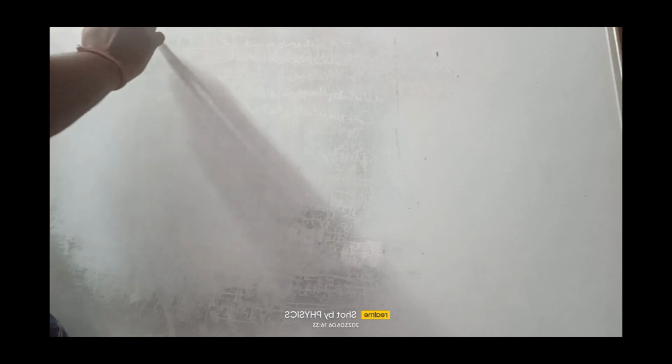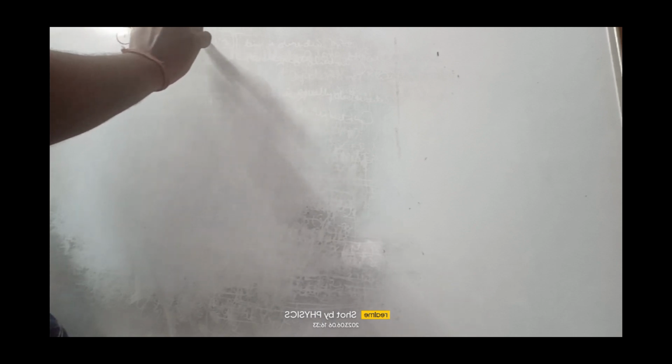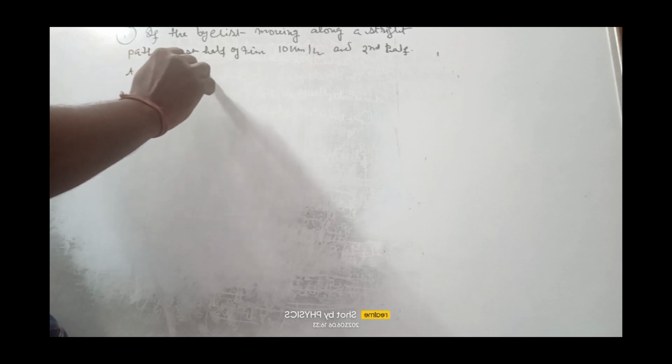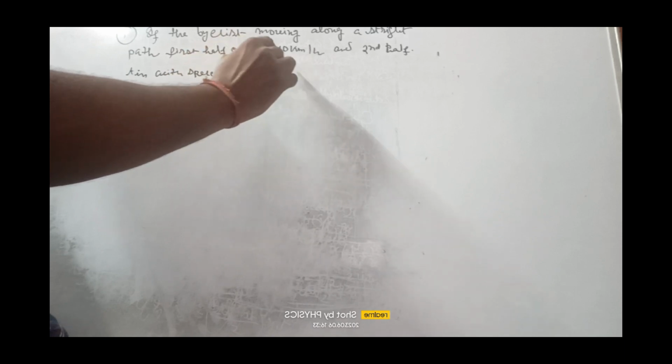Now let us take an example. If a bicyclist is moving along a straight path, first half of time at 10 km per hour, and second half of time with speed 20 km per hour.